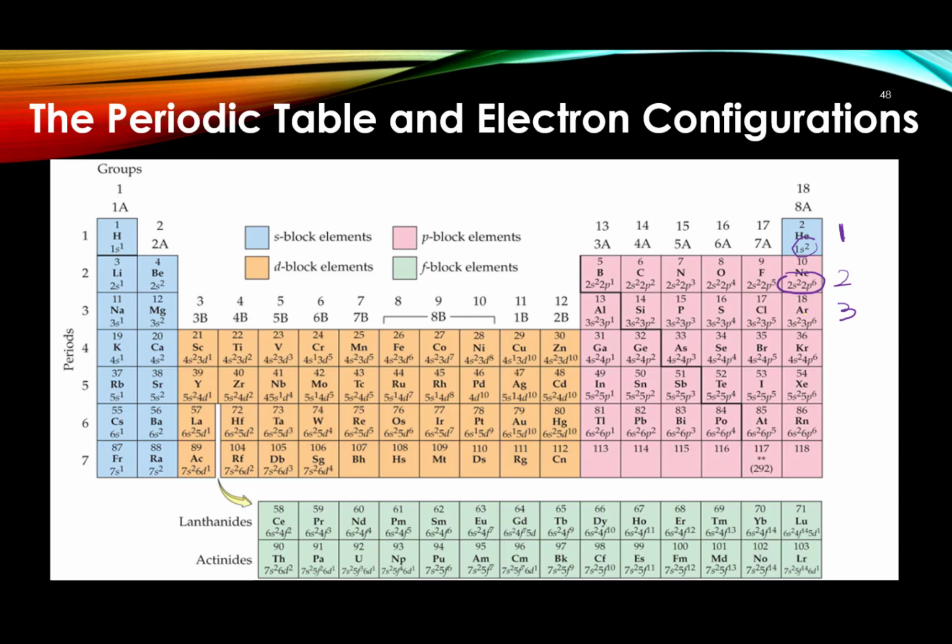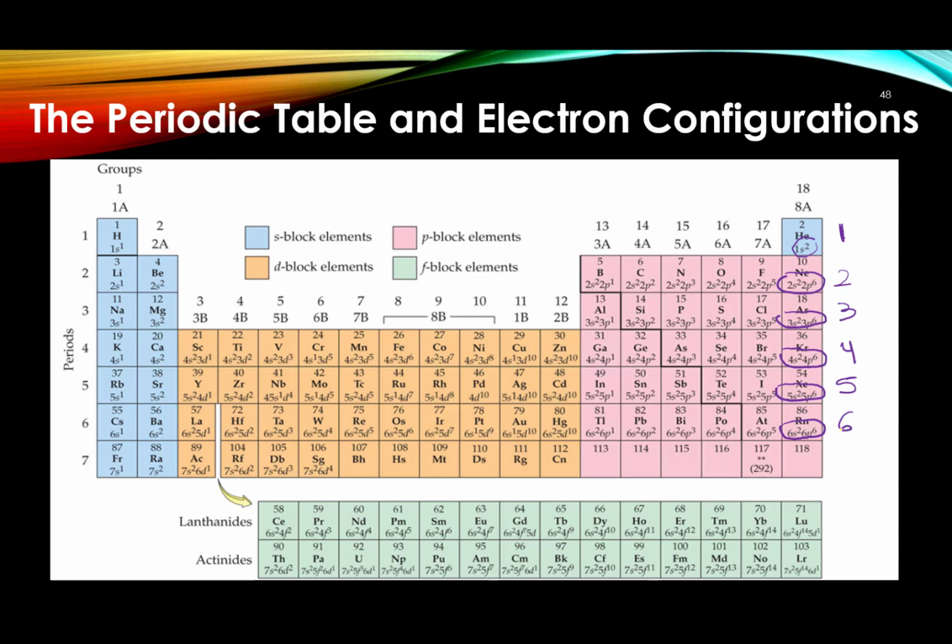Argon is in electronic principal energy level 3. Okay? 3s2, 3p6. Krypton is 4s2, 4p6. Xenon is 5s2, 5p6. And radon is 6s2, 6p6. You have to memorize, okay?